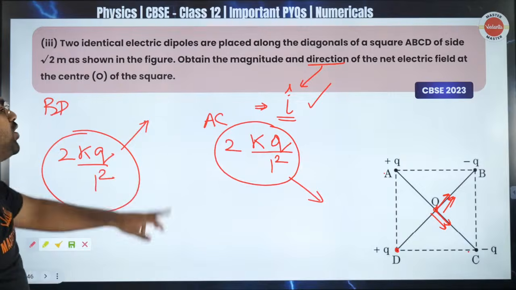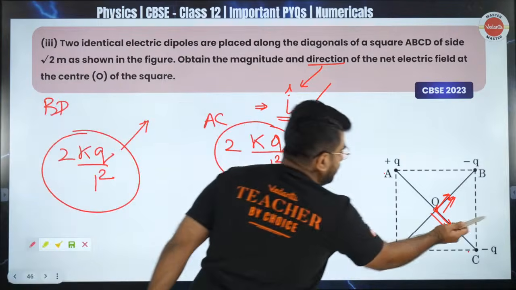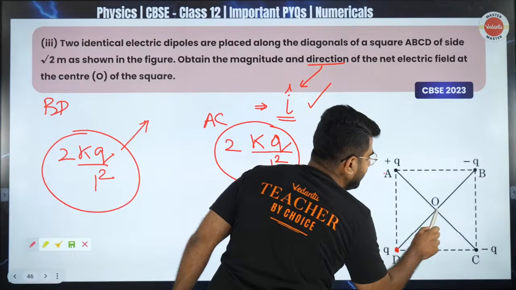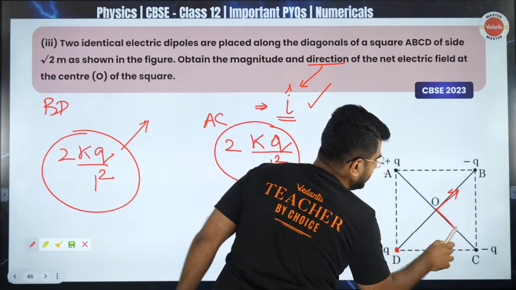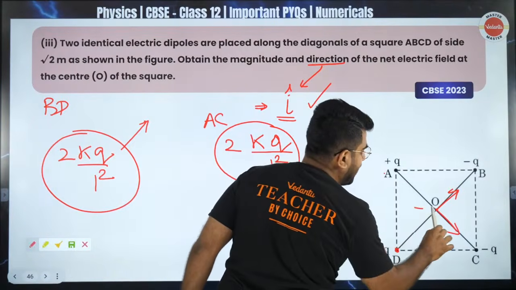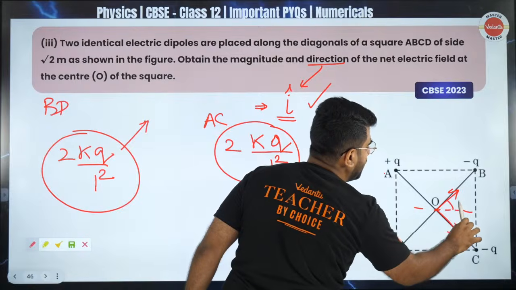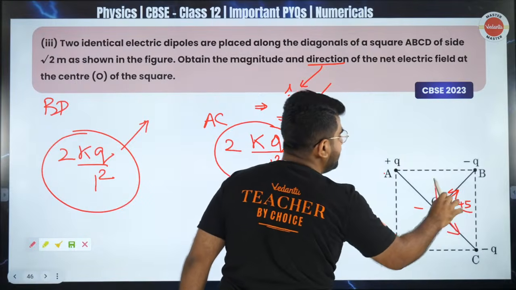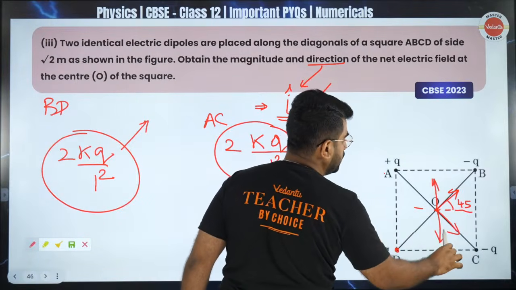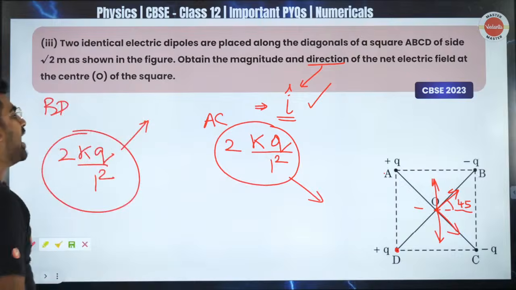So if we have to resolve these two, BD will be like this, BD will be like this, AC will be like this. So if I have to resolve, I have to do cos 45, because the vertical components will cancel out.